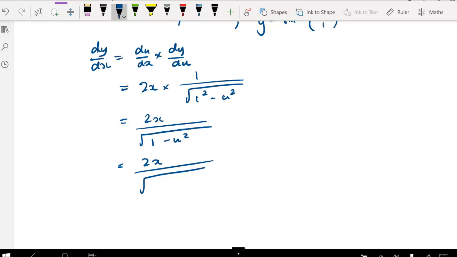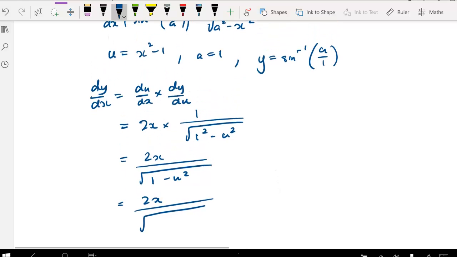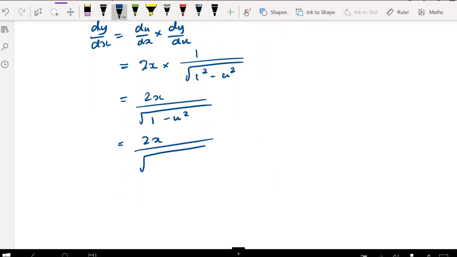Now, u is x squared take 1. So we've got the square root of 1 take x squared take 1 all squared. When we expand that, we've got 1 take away. Now x squared squared is x to the power of 4. 2 times x squared times negative 1 is negative 2x squared. And negative 1 squared is plus 1.